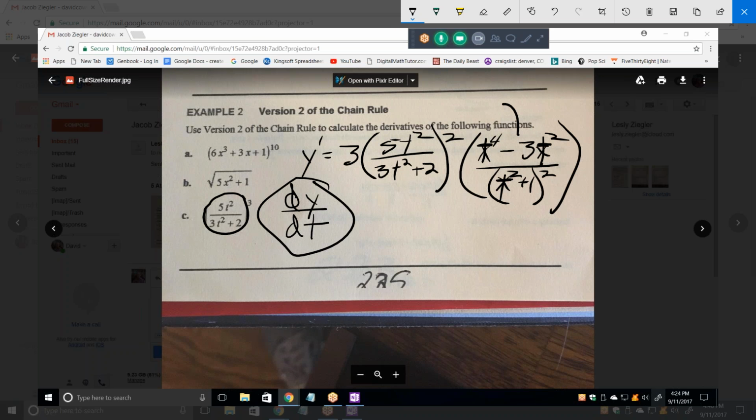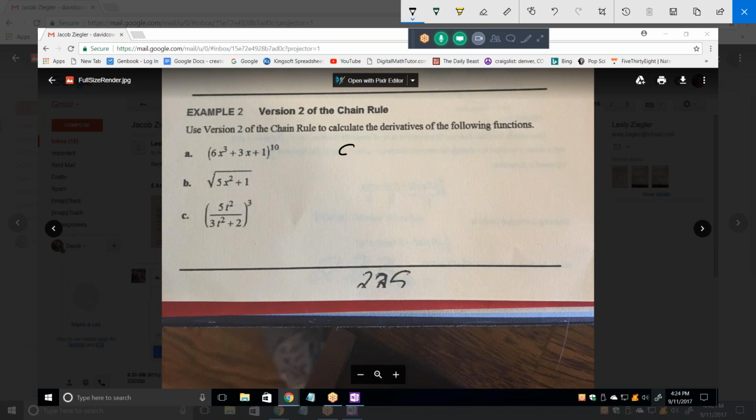And this is why dy dt is better notation than y prime. Notice that these all mean the same thing. Dy dx means the same thing as f prime of x, means the same thing as y prime, means the same thing as delta y over delta x, although you don't usually see that fourth one.